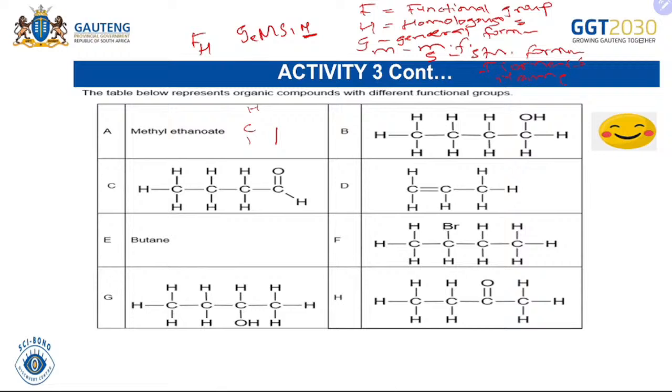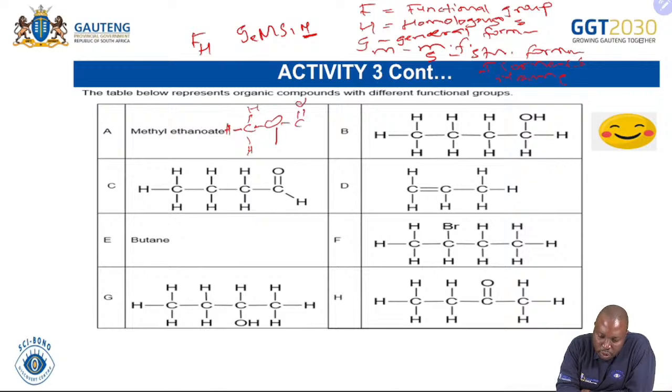Now, as we move forward, we're able to say methyl is a CH3. Then ethanoate, you know, like ethanoate: we have O, and then we have the C double bond O. Ethan is 2 carbons, so there must be 2 carbons on the ethanoate.